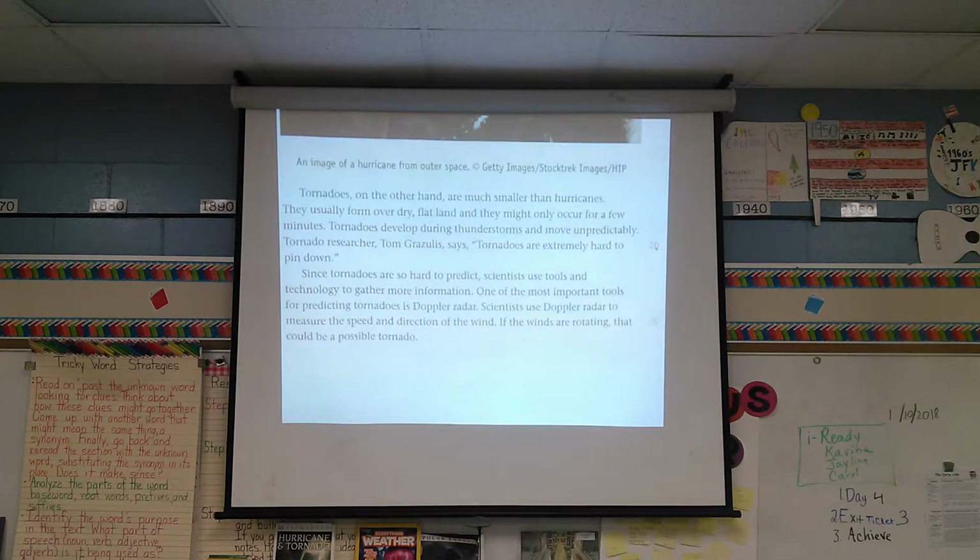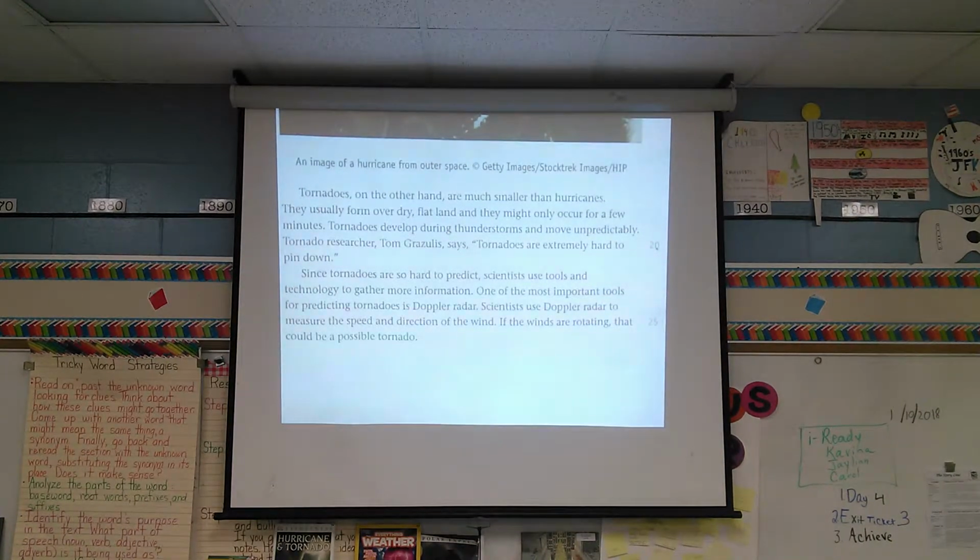A metaphor typically is when you're comparing something to another object without using like or as, but they're not comparing tornadoes to a pin here. The word pin is being used in a different way. Remember, you know how we have those multiple meaning words? They're not talking about a pin, like a push pin or a safety pin. They're talking about something different.